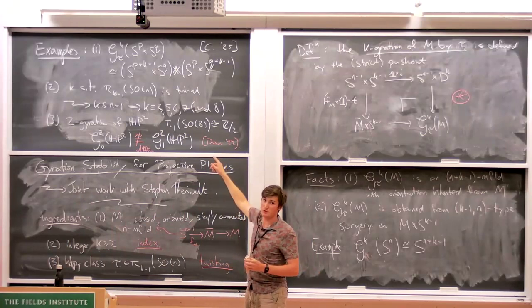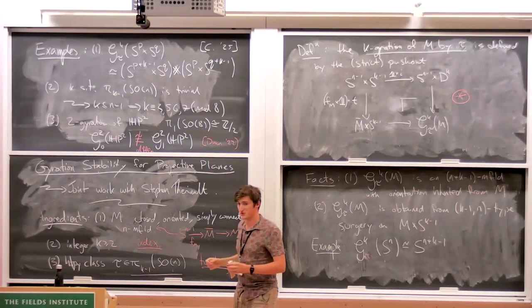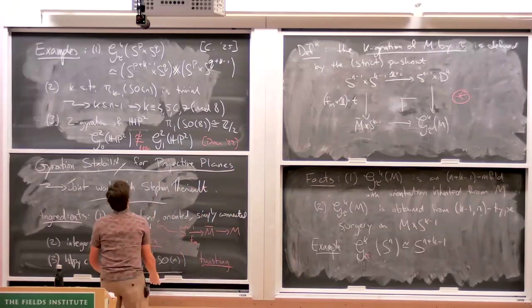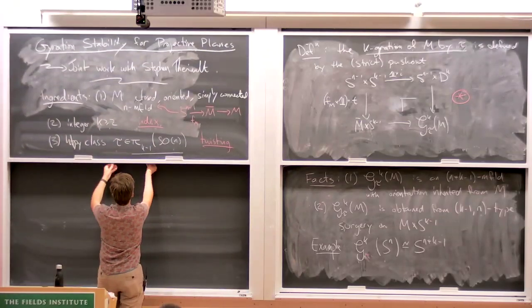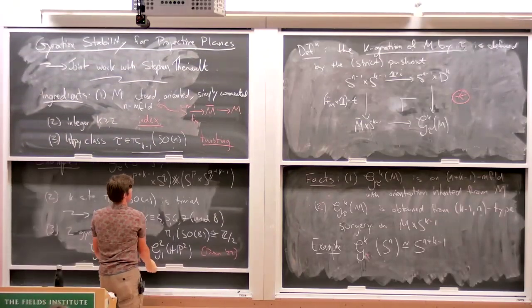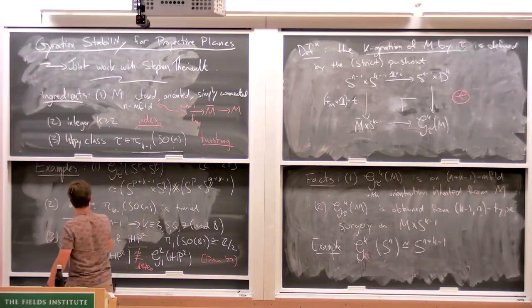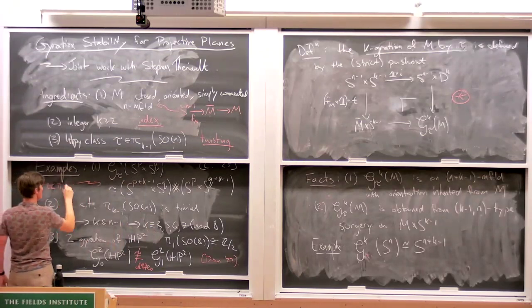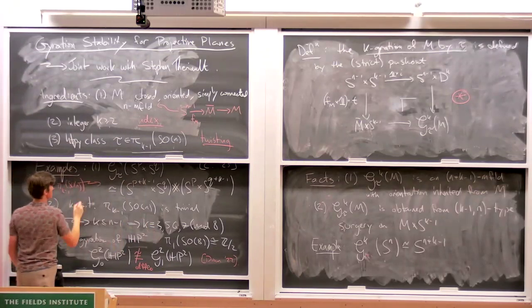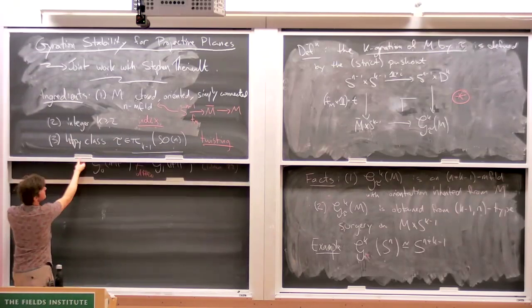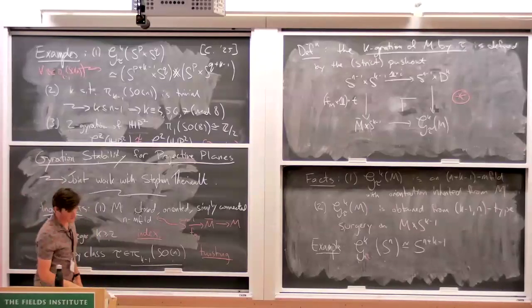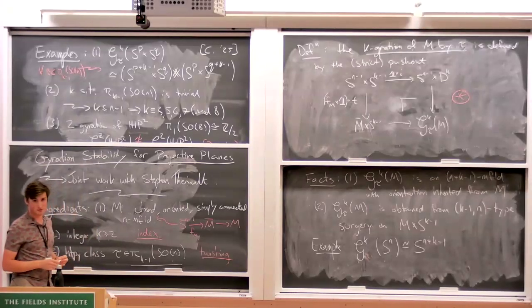Yes, this is true for all tau. It's an example of gyration stability. Thank you. Sorry, I should have written that. That was an oversight. Any other questions?